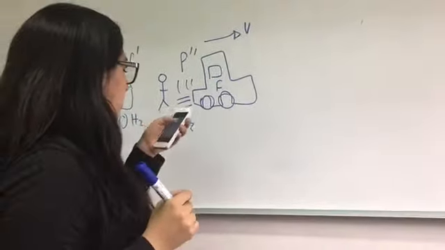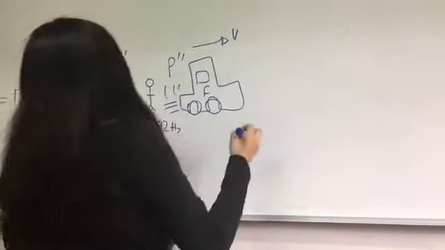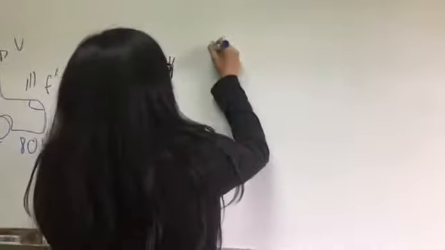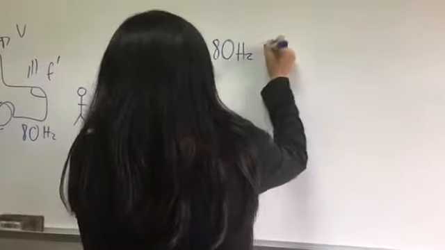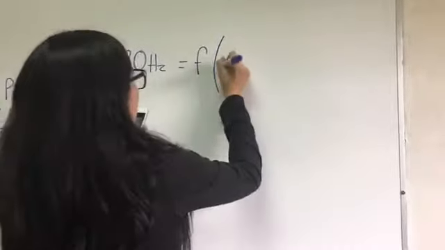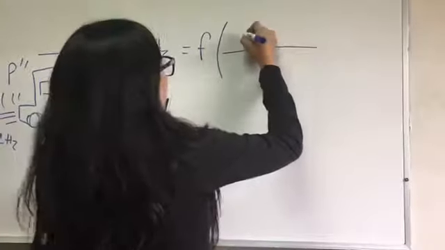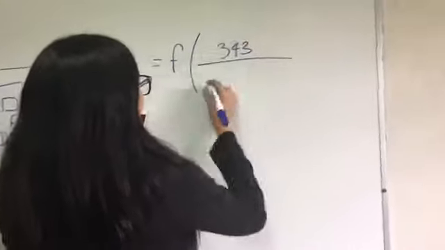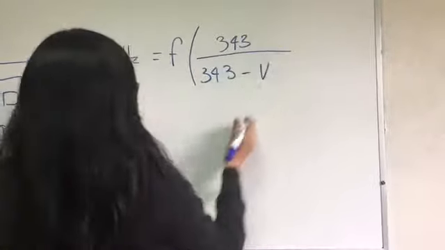So what we're gonna do first is use the formula for the perceived frequency. And we know that first, the 80 hertz is the frequency times the speed of sound over the speed of sound minus the velocity.